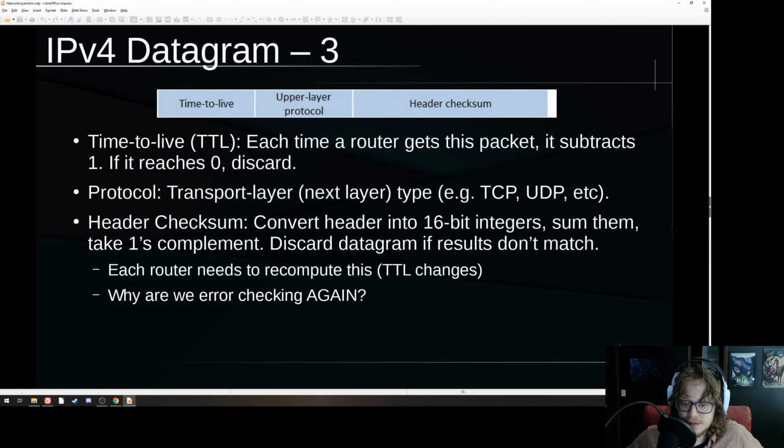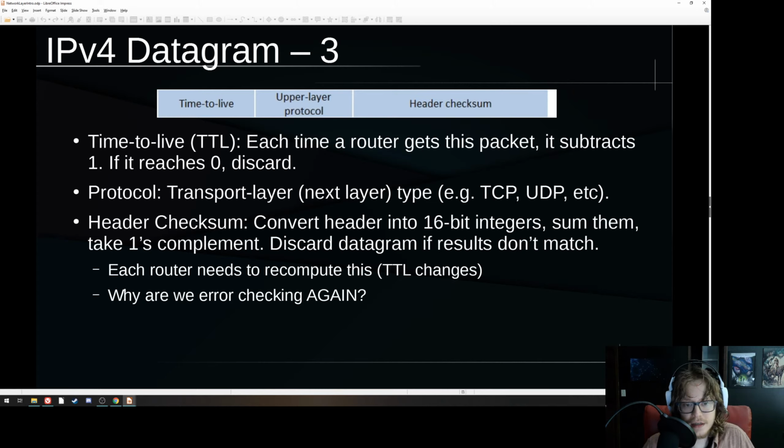It does all kinds of stuff, and it's not exceptionally good at any kind of math. It's decent at addition. That's one of the things it's best at. And so a checksum uses addition. You convert the header into a bunch of 16-bit integers, sum them all together, and then take the ones complement, so flip the zeros and the ones, and then discard the datagram if the results don't match.